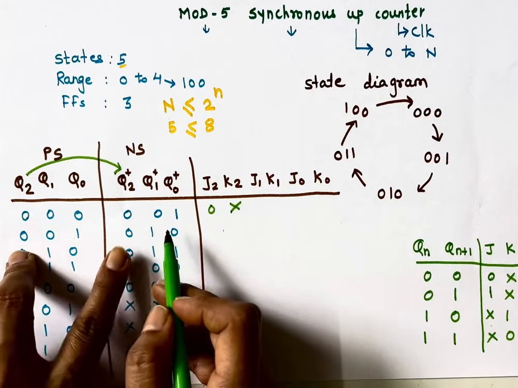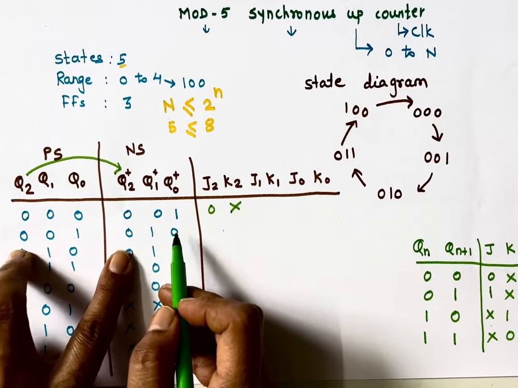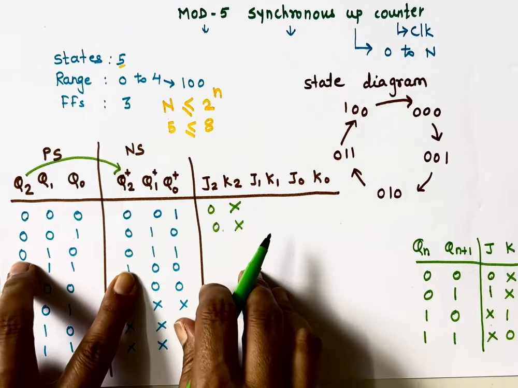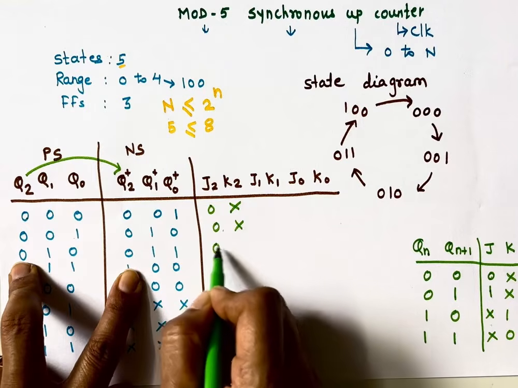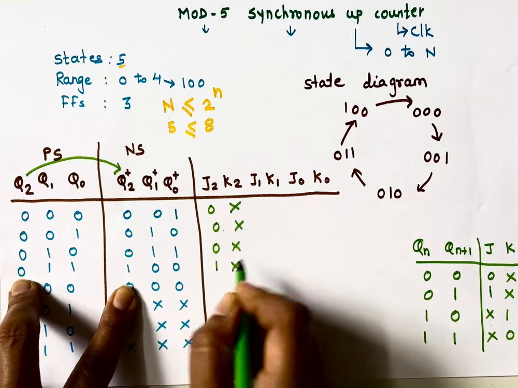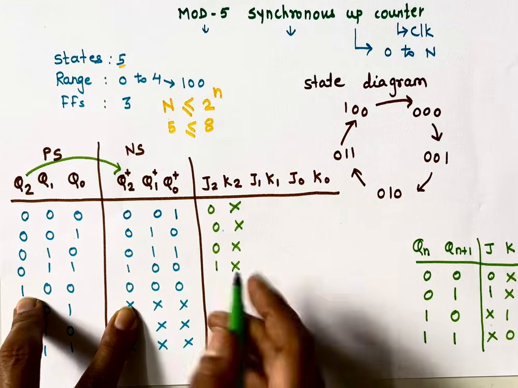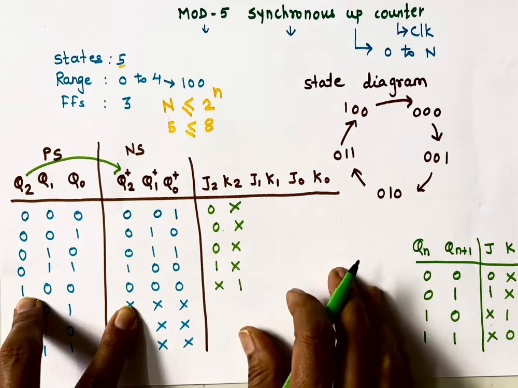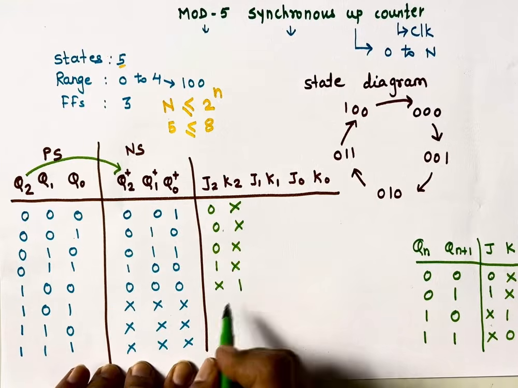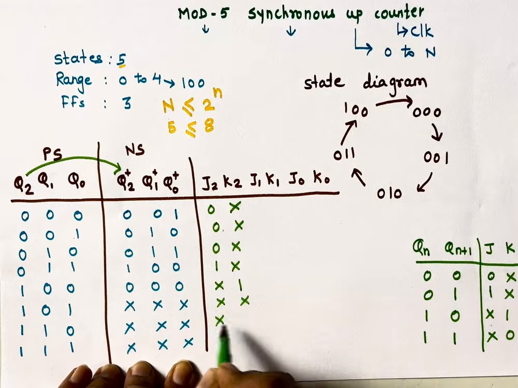Again 0 0, so again 0 don't care. Again 0 0, 0 don't care. Again 0 1 is 1 don't care. 1 0 is don't care 1. And then these three are don't cares, so here will come don't care for all the rest.